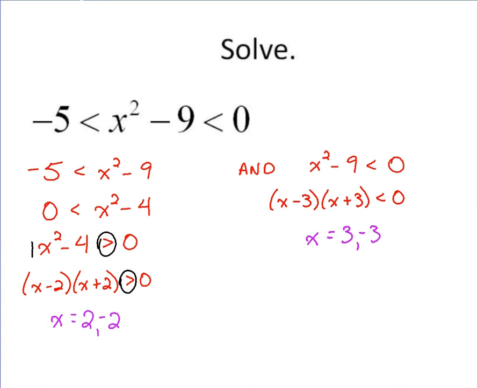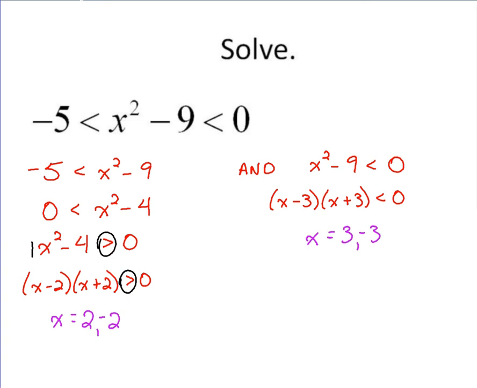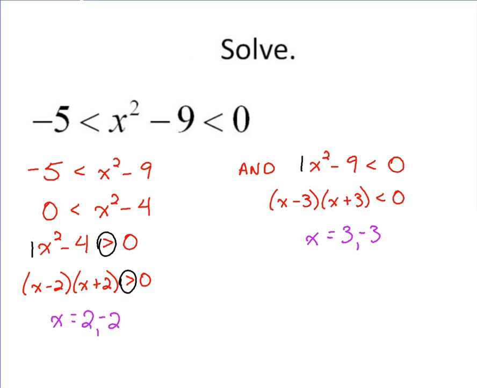All right, let's go back and build some more. Number line over here, playing with negative 3 and 3. Parabola, is it going up or down through there? Through those 2 points, it's going up again because the quadratic term has a positive coefficient. So going up. Now, what part of that parabola do we want as our answer for this portion of the problem? It's less than 0, right?